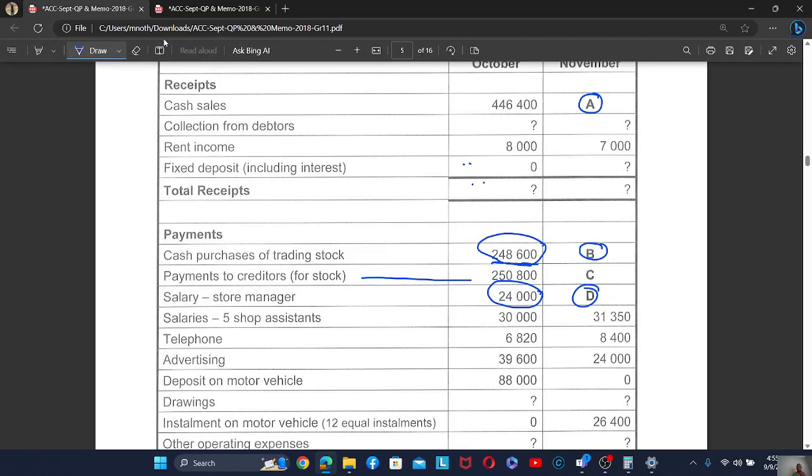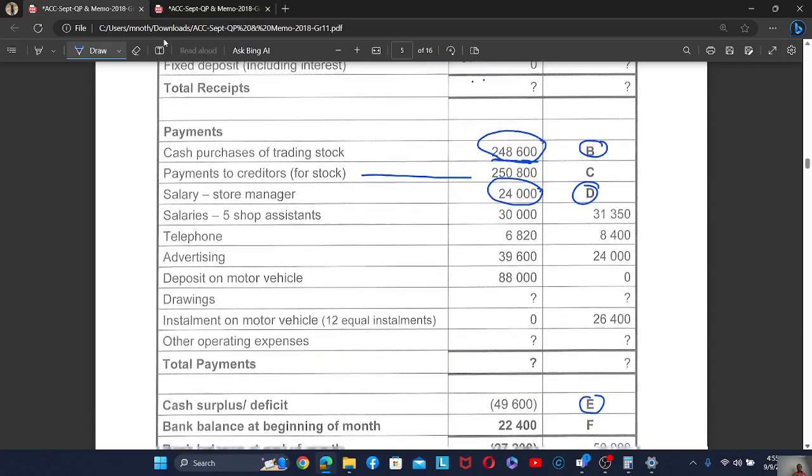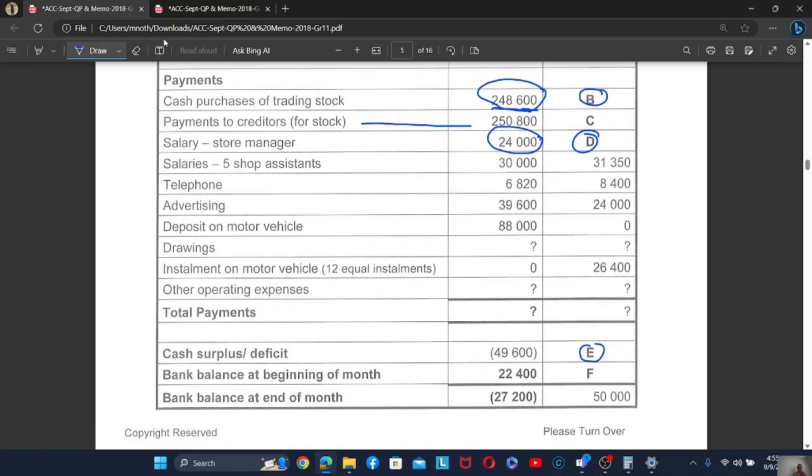And then the fixed deposit, it's about the deposit, including interest. So what did they say about the fixed deposit? They never say anything.